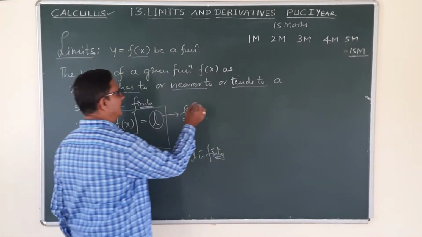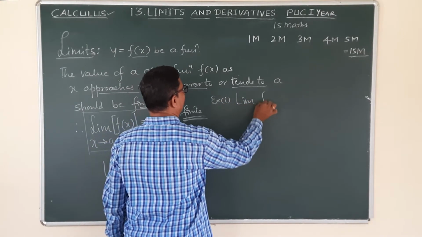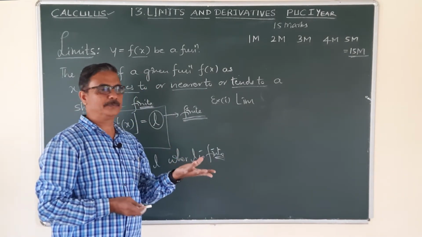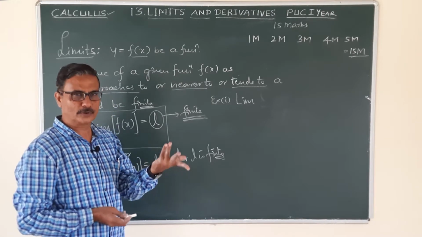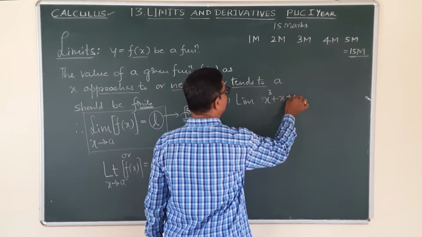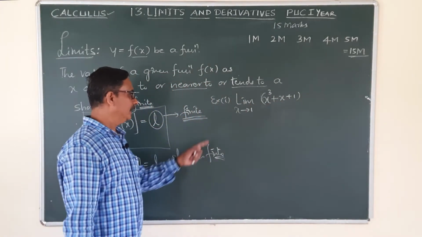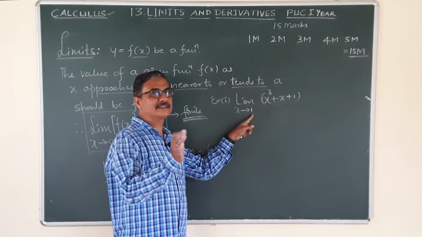Now here, for example, limit of the function f of x. There are 4 different types of functions, namely algebraic, logarithmic, trigonometric, exponential. Out of 4, take anyone. Say limit of x cube plus x plus 1 as x tends to 1. X is nearer to 1, not exactly 1.